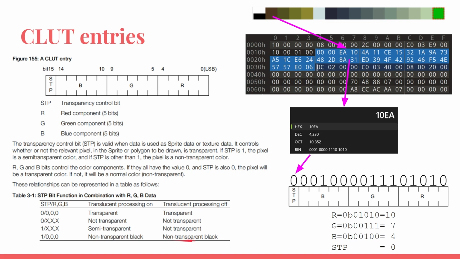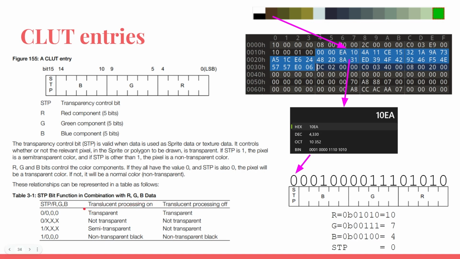So when translucency processing is off, there is no alpha value being rendered other than fully opaque or fully transparent. And fully transparent is represented by pixels that are 0, 0, 0, 0, like this. But the PS1 can render images that are only partially transparent, partially opaque and partially transparent, what we call translucent.